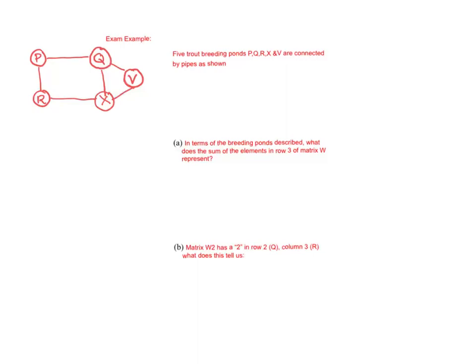We've got trout in breeding ponds P, Q and R, and they're connected by pipes as shown.